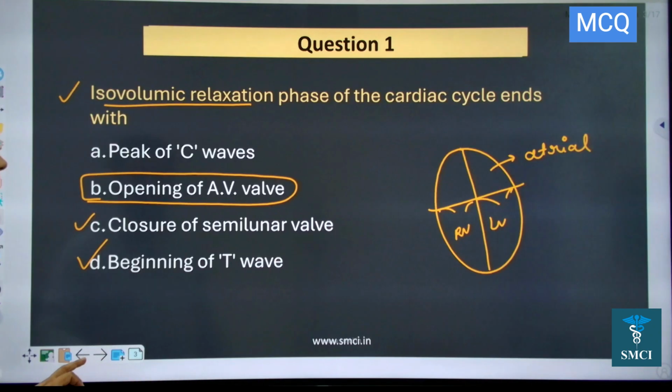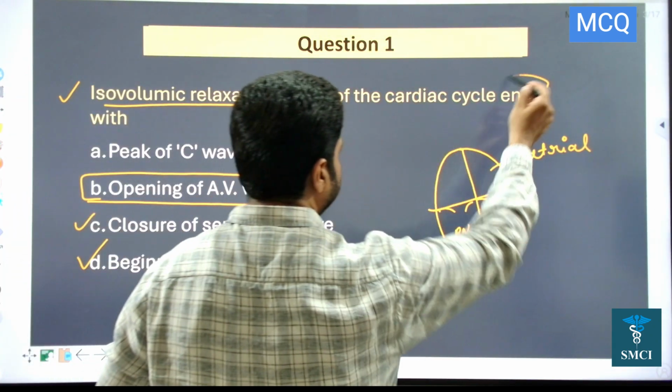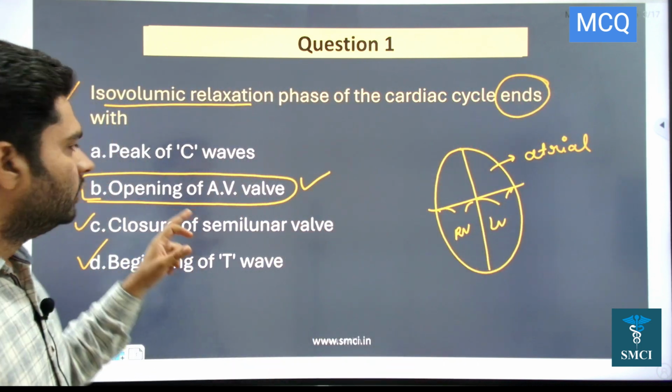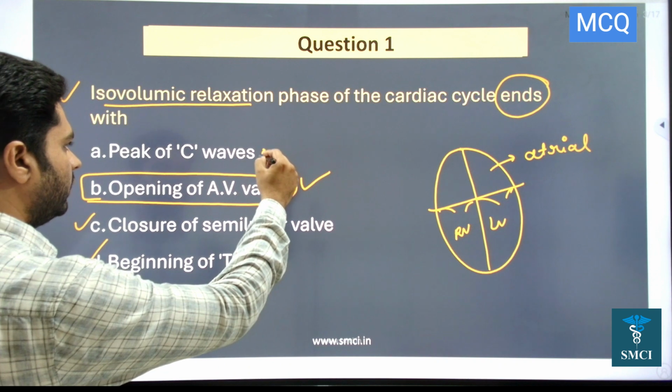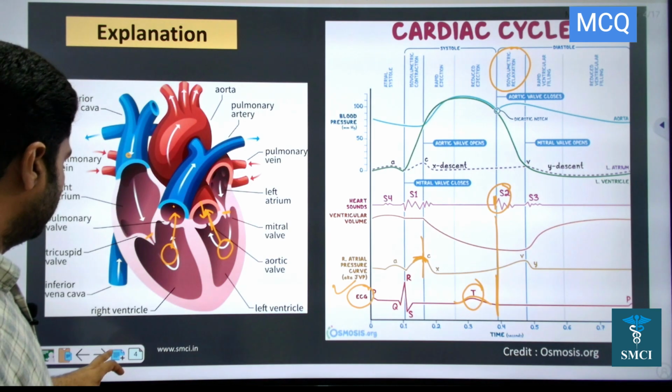That's why, for the isovolumetric relaxation phase of the cardiac cycle ending with, the answer is the opening of the AV valve. The peak of the C wave, closure of the semilunar valve, and the beginning of the T wave are not the answer.